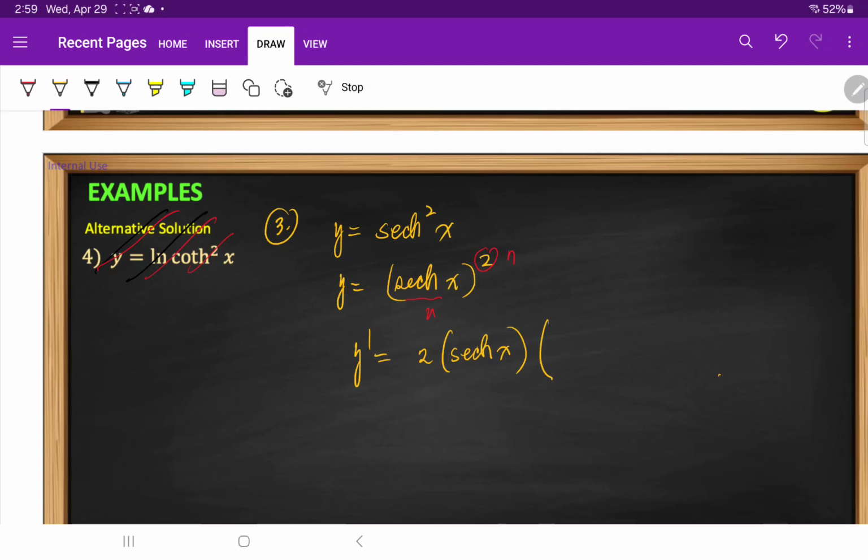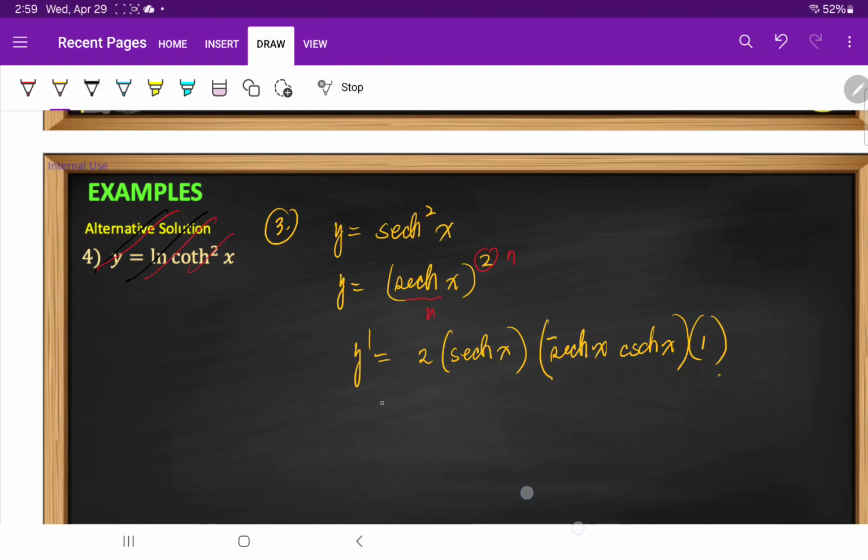And the derivative of hyperbolic secant is hyperbolic secant, hyperbolic cosecant x times 1. Now, remember the first three are positive for hyperbolic functions. The last three are negative. So this must be negative.